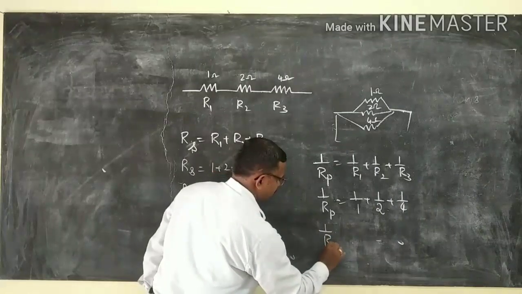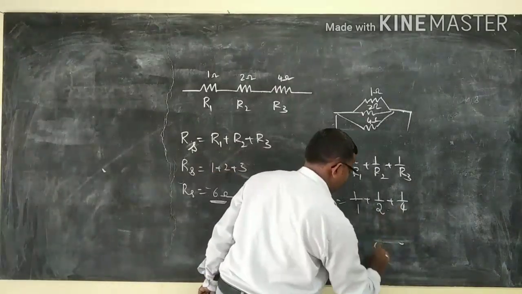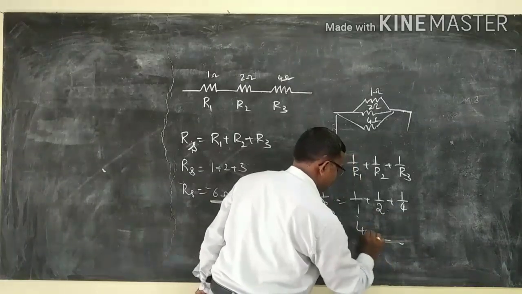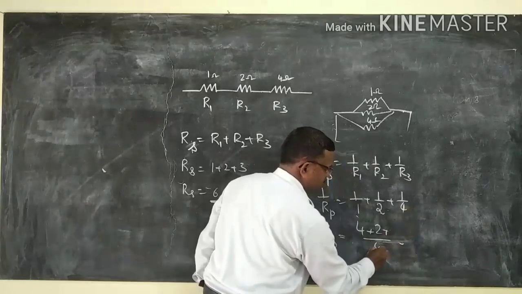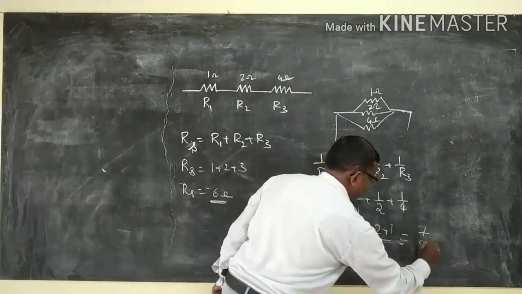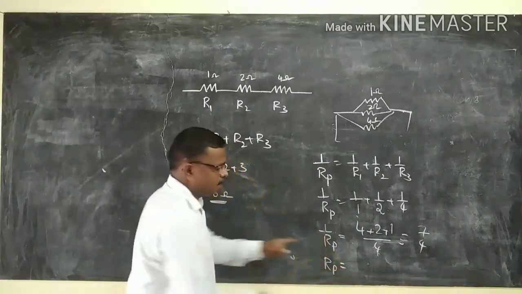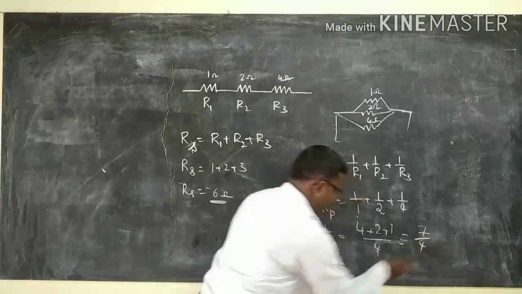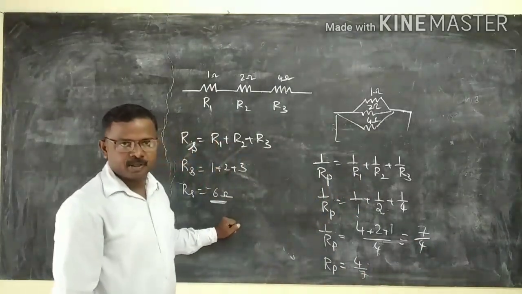That means 1 by Rp is equal to the LCM of these, 4: 1 4s are 4, 2 2s are 4, 4 1s are 4, giving 4 plus 2 plus 1, that means 7 by 4. That means 1 by Rp is equal to 7 by 4. Okay, Rp is equal to 4 by 7, isn't it?